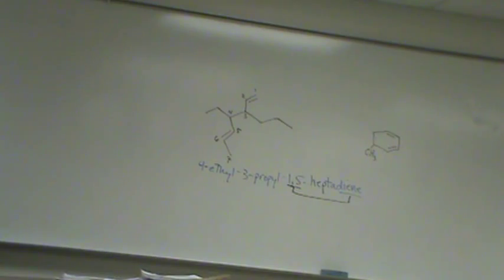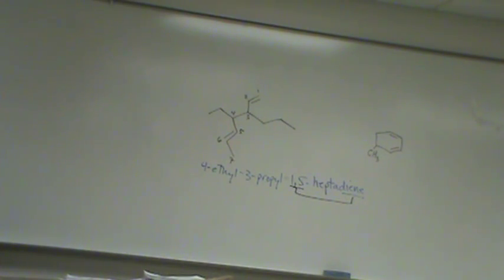Now I have a cyclic diene. Where am I going to start numbering that one? Somebody raise their hand. Somebody come up and point where I'm going to put number 1. Come on up.